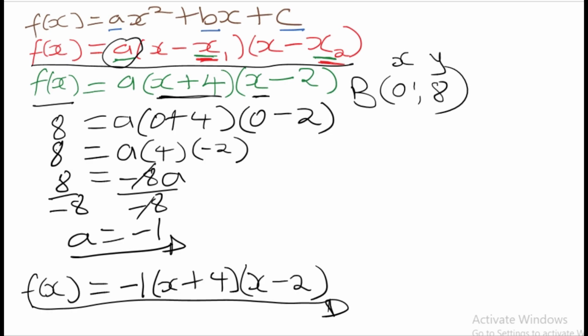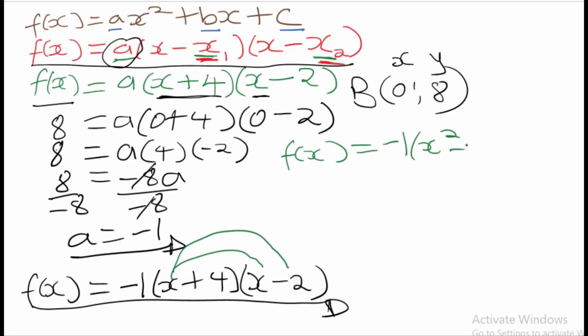So now we will have f of x is equal to negative 1. I'm going to multiply these two here. So I get x squared. I multiply x and negative 2, I get negative 2x. I multiply 4 and x, I get plus 4x.